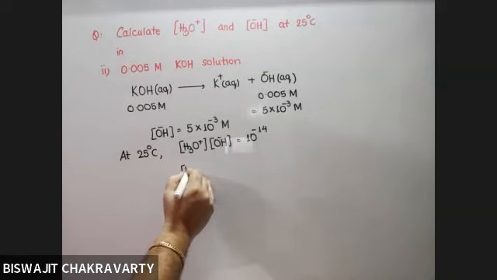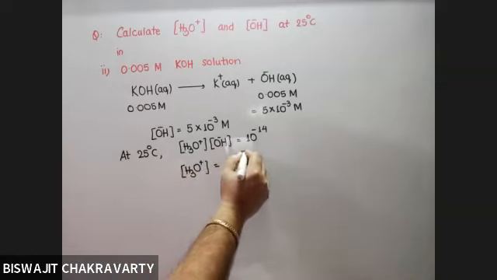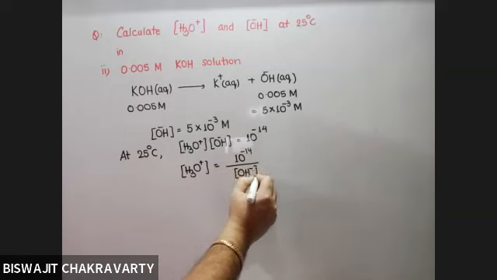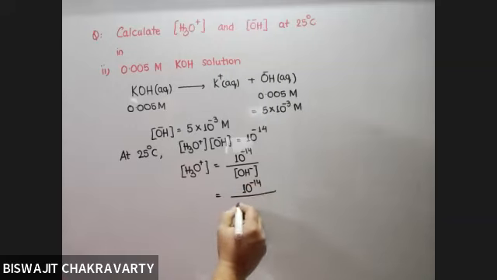So H3O+ will be equal to 10 to the power minus 14 divided by [OH-], whose value is known to us. So this will be 10 to the power minus 14 divided by 5 into 10 to the power minus 3.